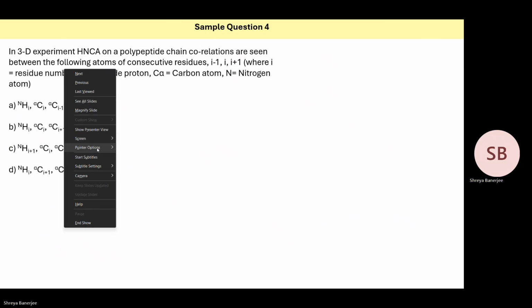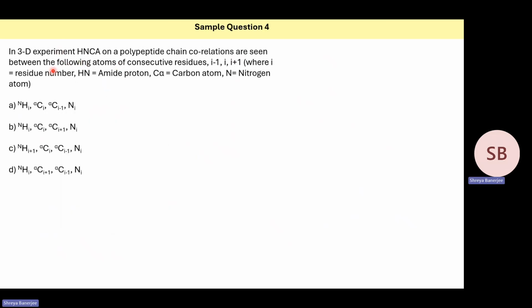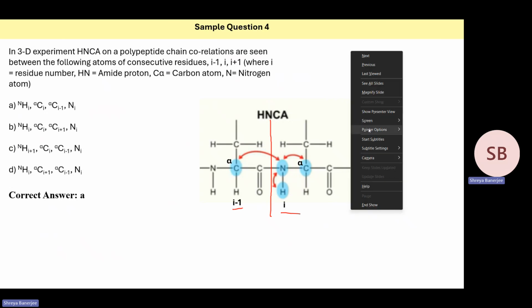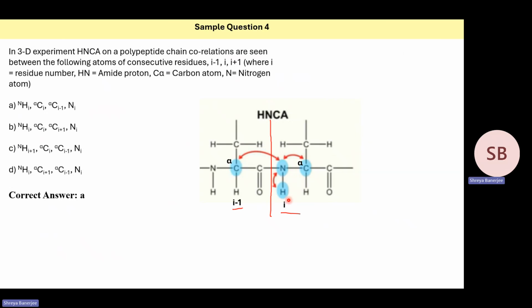Then you have the questions about the 3D NMR. It is asking that in a 3D experiment, HNCA on a polypeptide chain, correlations are seen between the following atoms of the consecutive residues. So if you remember the HNCA experiment, this is the ith residue, this is the i minus first residue. You start from the amide hydrogen of the ith residue, that is HNi.